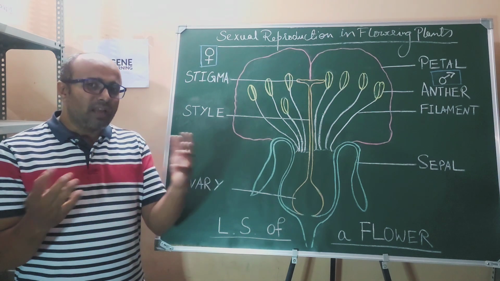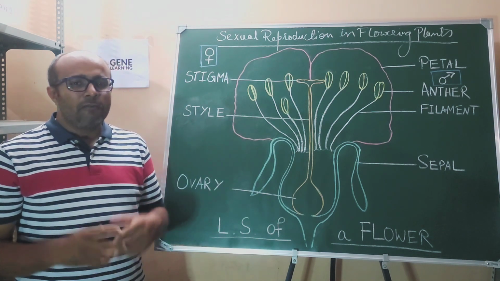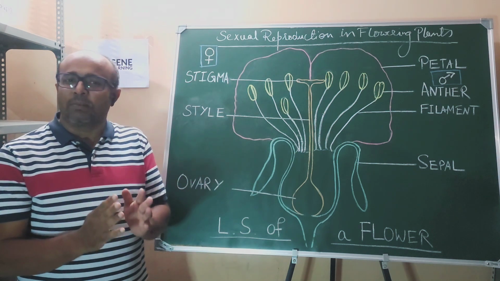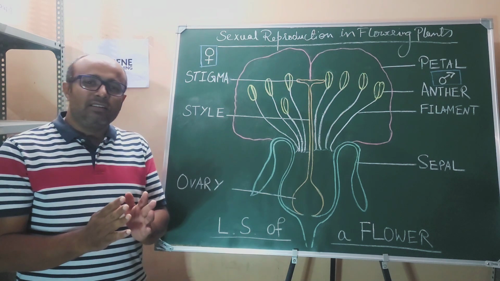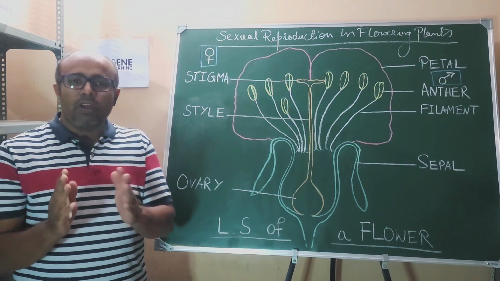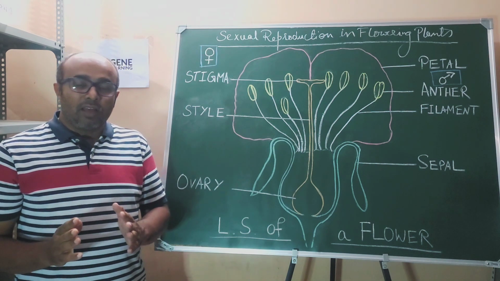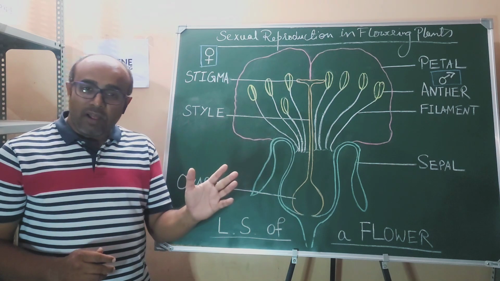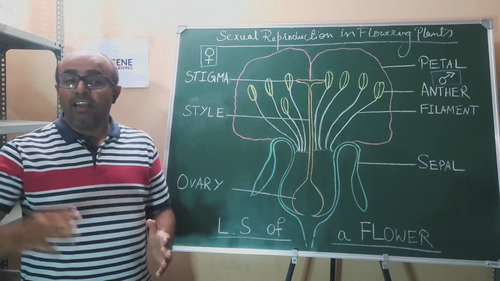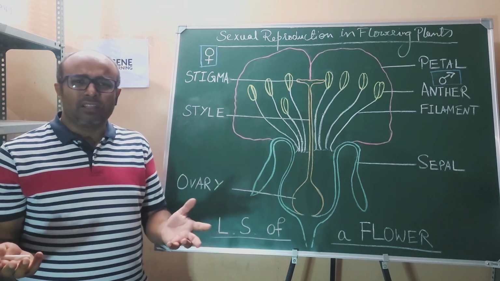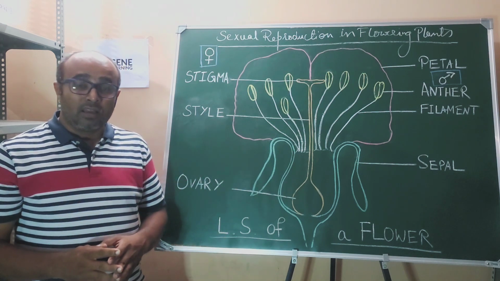Whereas if I see another plant, the flowers produced in that plant are either male or female. Now, what do I mean by this? I mean to say that in the same plant, we find a male flower separate and a female flower separate, and there is pollination between them. All that is said and done.